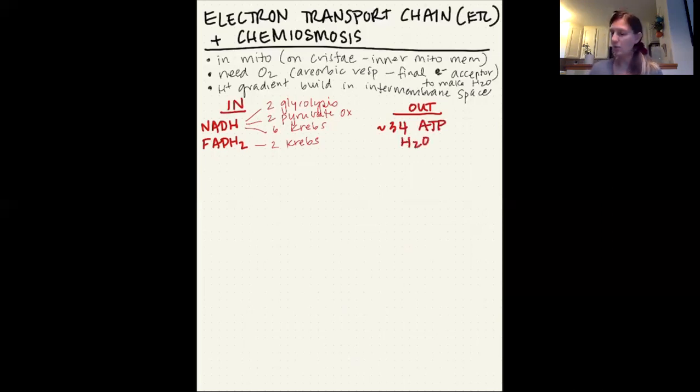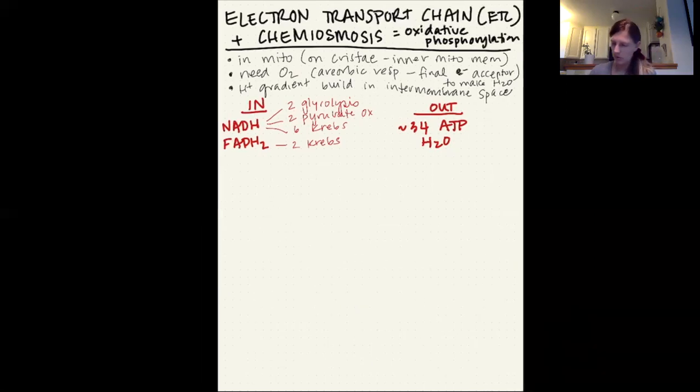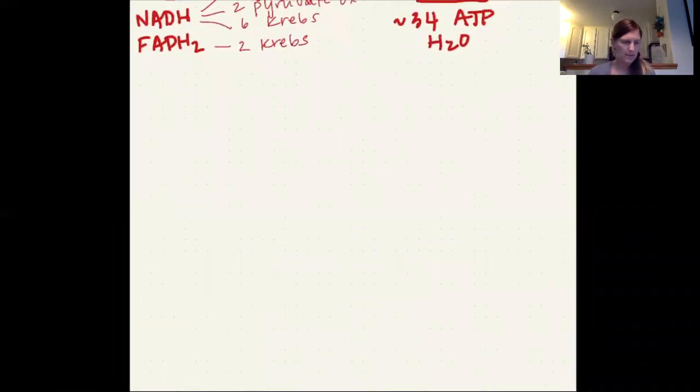And in the process, we're going to see some things get oxidized. So this whole process, the electron transport chain, is called oxidative phosphorylation. Oxidative phosphorylation.